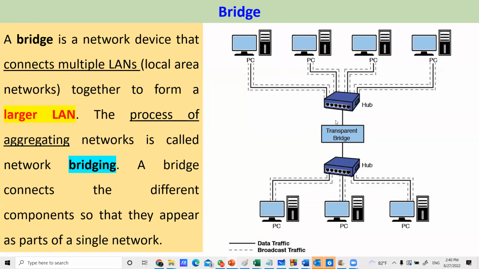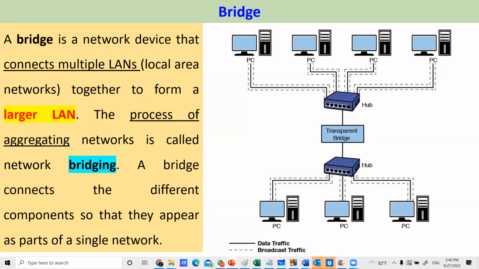In this case, transparent bridge. Normally we call it bridge. The process of aggregating or adding two networks is called bridging.